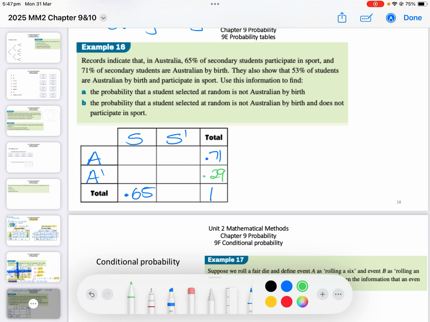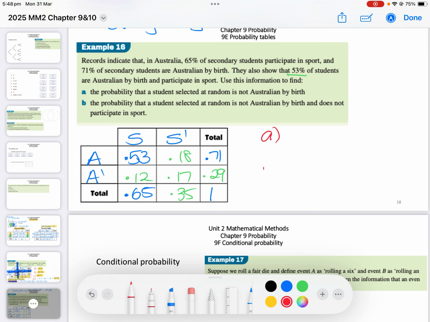What else did I know? Something about the 53%. 53% are Australian by birth and participating in sport, so that's 0.53. That means I can work out that this one here must be 0.12, which means this is 0.17. That has to add up across, and this is 0.35, and then just check everything works.